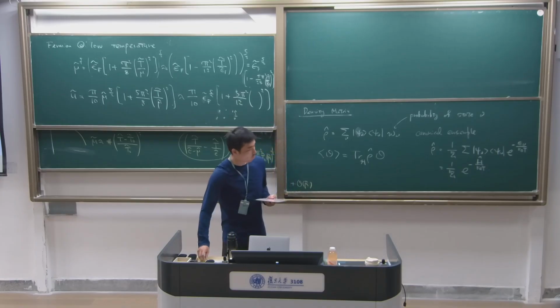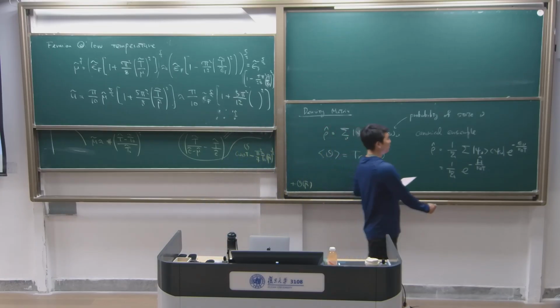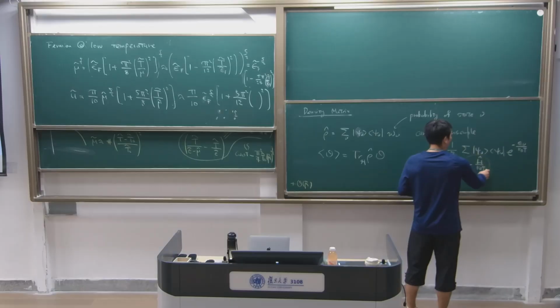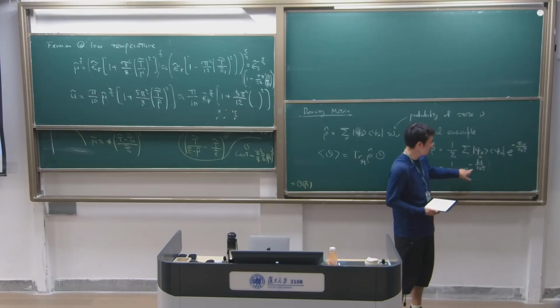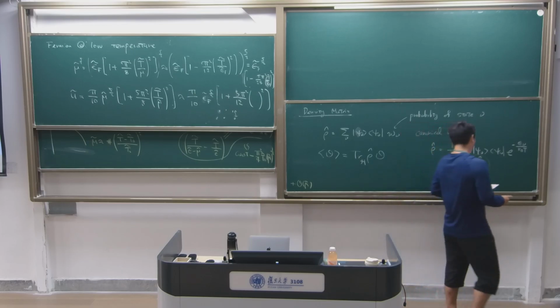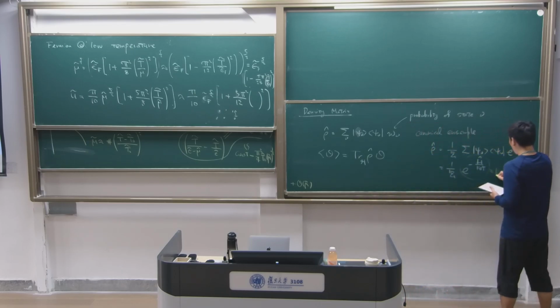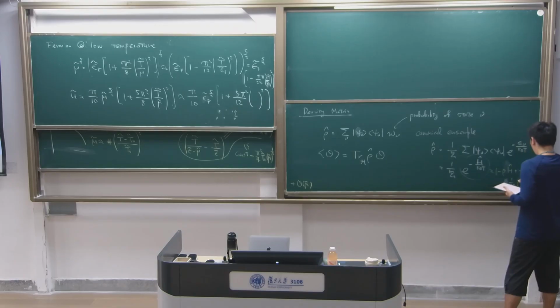Some students ask, can you treat this like a matrix or operator? If you don't understand the exponential of a Hamiltonian, you just do the Taylor expansion: 1 minus beta H hat plus 1/2 beta H hat squared plus 1/3 factorial beta H hat cubed and so on.